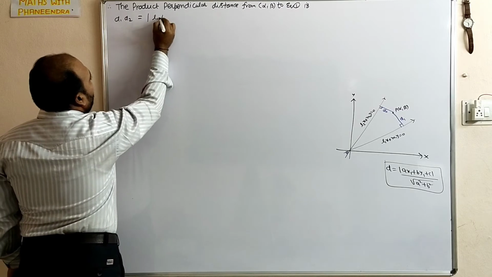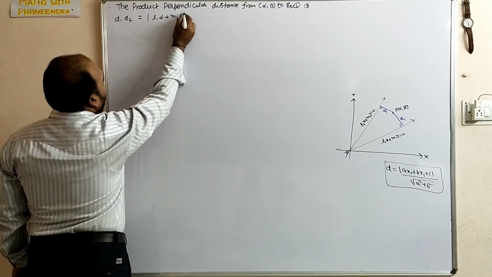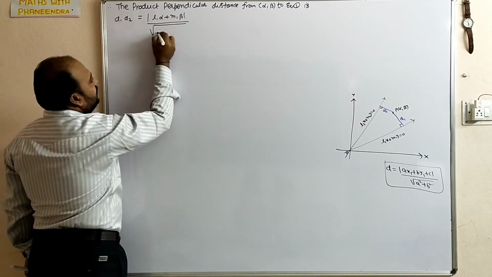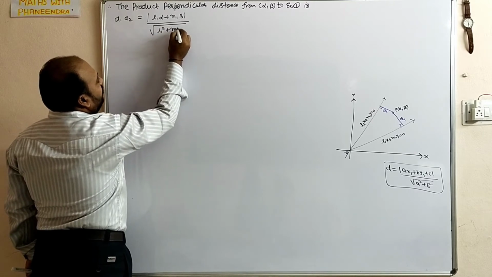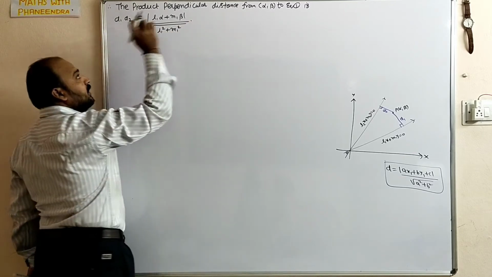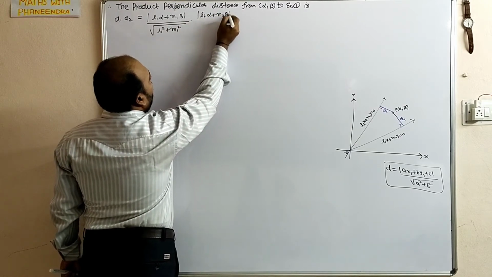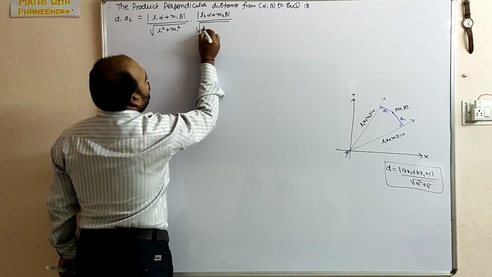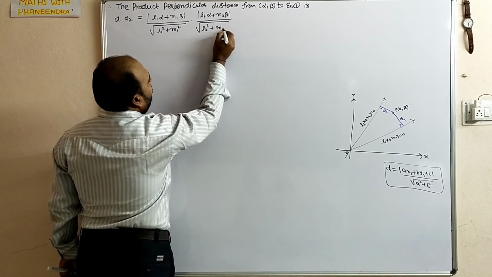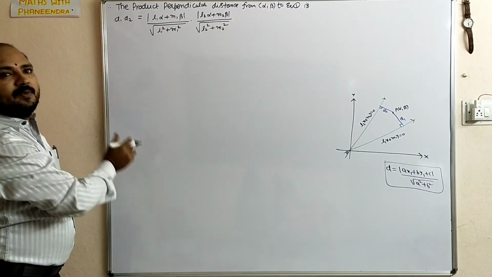D1 value is mod L1 alpha plus M1 beta divided by root of L1 square plus M1 square, into D2 value mod L2 alpha plus M2 beta divided by root of L2 square plus M2 square. Now actual multiplication we have to do.